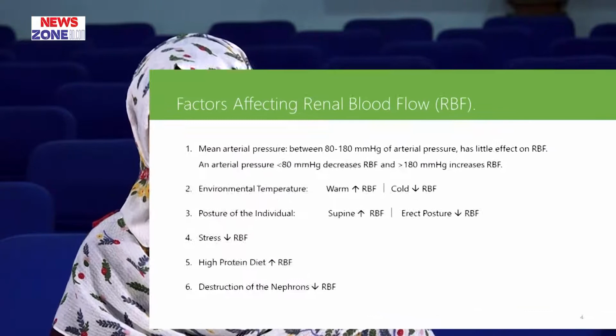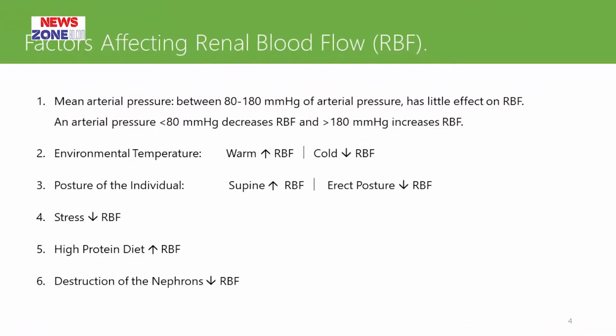This constant regulation of renal blood flow is known as autoregulation of renal blood flow. If the blood pressure is less than 80 millimeters of mercury, then renal blood flow decreases. And if the blood pressure is more than 180 millimeters of mercury, then the renal blood flow increases.